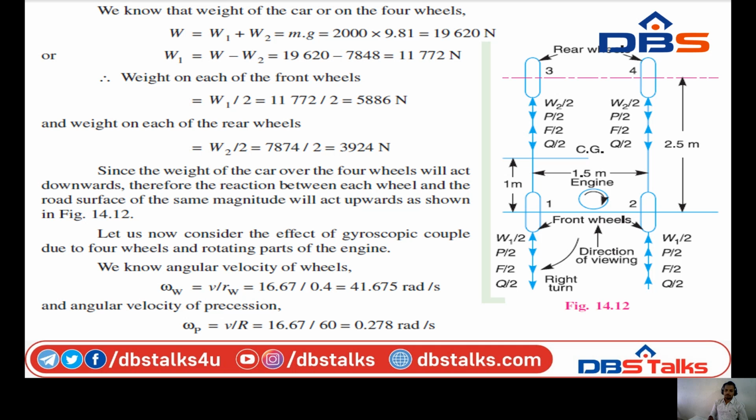So W2 into 2.5, where W is equal to mg, mass is 2000, 9.81 into 1.